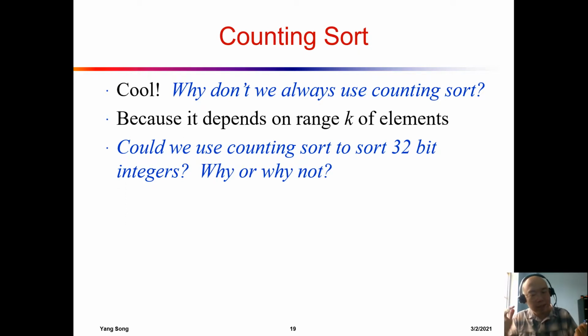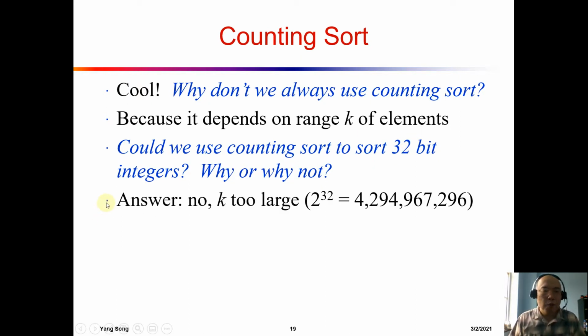So let's imagine a really crazy case. If we are trying to sort 32-bit integers, what is going to happen? For a 32-bit integer, the maximum will be 2^32, and that is a really huge number. If k is such a huge number, what will be the problem?